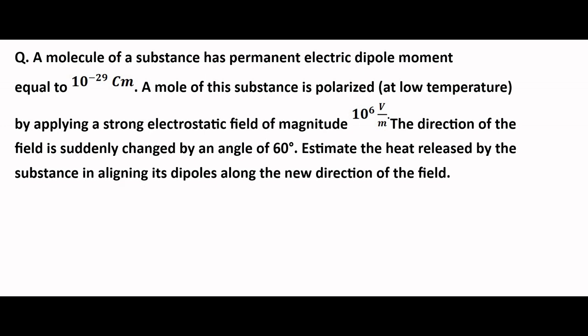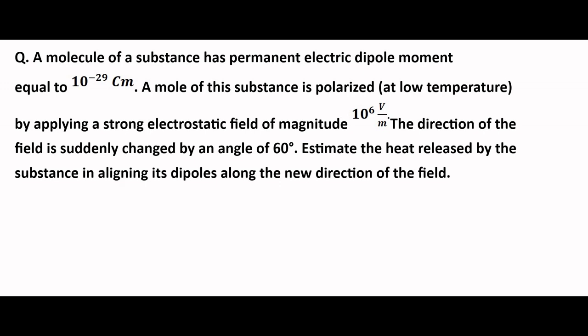Polarized means it is oriented, it is aligned in a particular direction with respect to the electric field, at low temperature by applying a strong electrostatic field of magnitude 10 to the power 6 volt per meter. The direction of the field is suddenly changed by an angle of 60 degree. Estimate the heat released by the substance in aligning its dipoles along the new direction of the field.